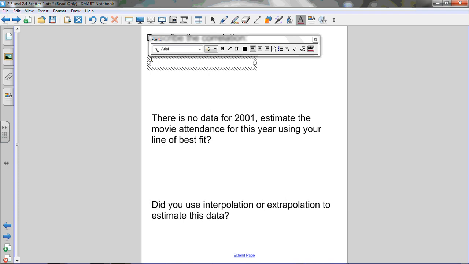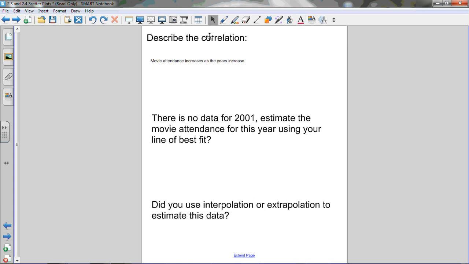I'll say movie attendance increases as the years increase. Okay, so that's the typical correlation here. As the year increases, the movie attendance is increasing.